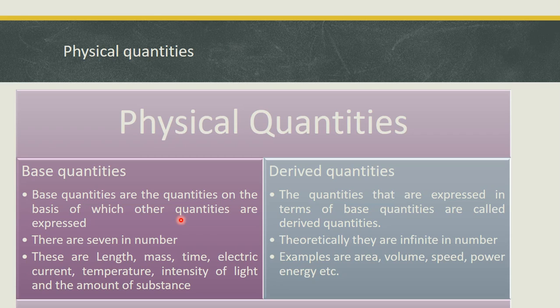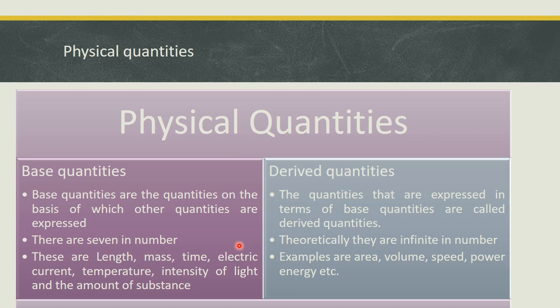We cannot define these quantities in terms of other quantities. In total there are 7 quantities: length, mass, time, electric current, temperature, intensity of light, and amount of substance. We will discuss all these quantities in later chapters and in later lectures as well. So there are 7 quantities which we call base quantities.